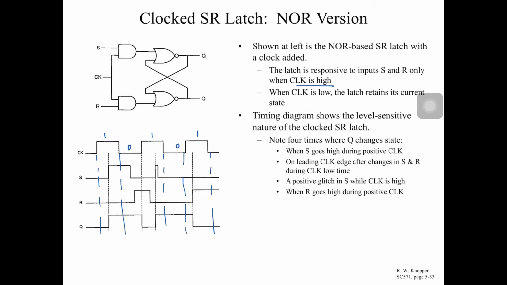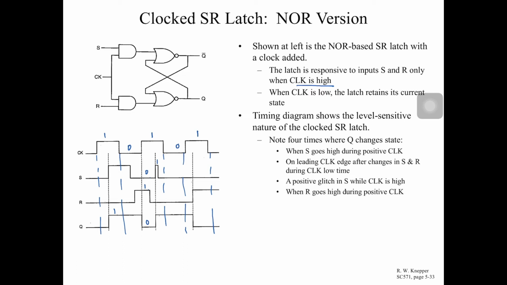When the clock is high, S is 0 and reset is 0, so it stores the previous value. When set is 1 and R is 0, Q is 1. On the next clock cycle when it is high, set is 0 and reset is high, so the output is 0.